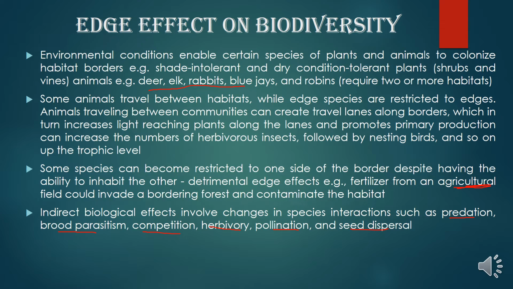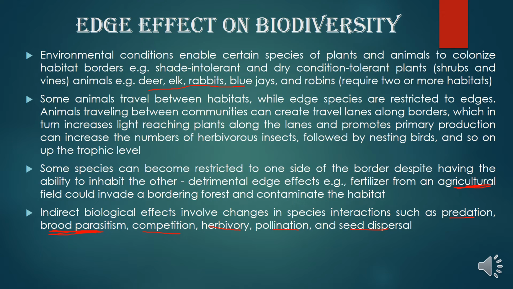Another thing is brood parasitism. We know that birds like cuckoos are not found in very deep forest, they live only in the ecotonal region, and they take advantage of other birds. They lay their eggs in other birds' nests, and that is called brood parasitism.